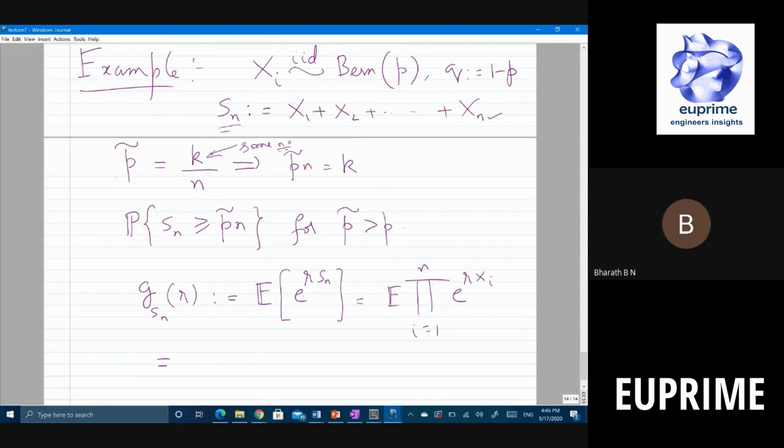What is this? The Xi's are IID, so the expectation of the product of exponentials is the product of expectations. So you get the product, i equal to 1 to n, of the expected value of e to the power r xi. This is nothing but the expected value of e to the r x1, whole power n, because the expected value of e to the r xi is the same as for r x1, r x2, whatever. It doesn't matter. Is that fine? Yes, sir.